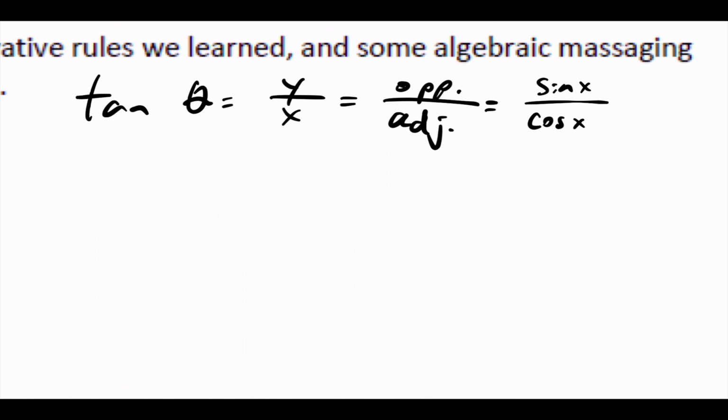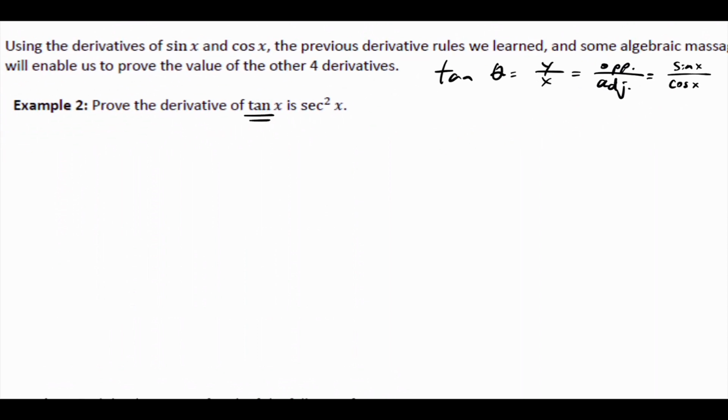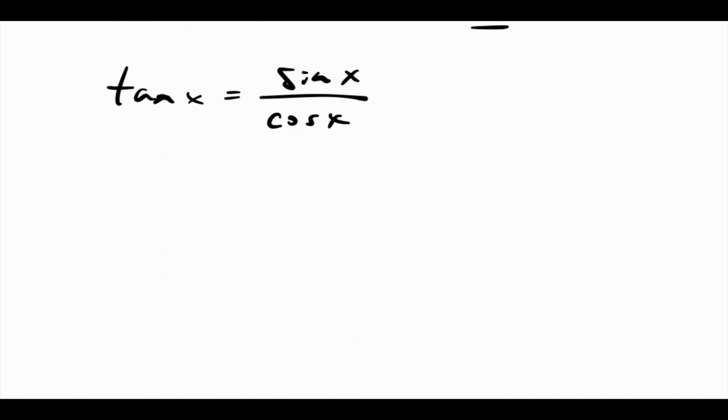So isn't tangent really just sine divided by cosine? Well, let's do that. Let's rewrite tangent: tangent of x equals sine of x over cosine of x.